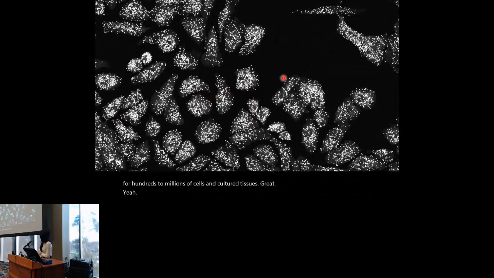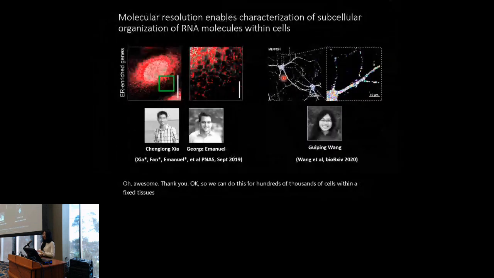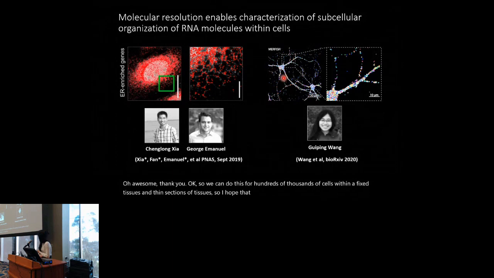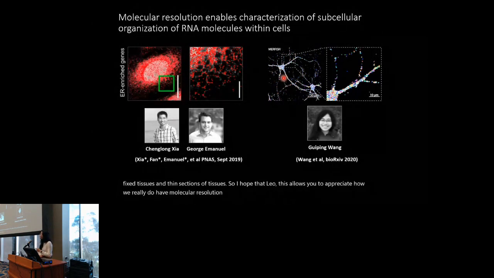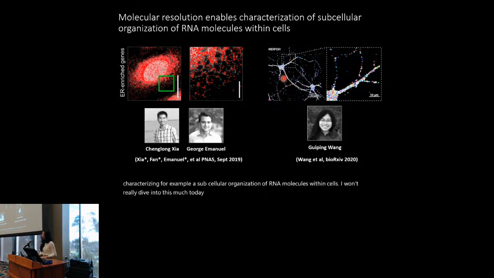Great, so we can do this for hundreds to thousands of cells within fixed tissues and thin sections of tissues. So I hope that this allows you to appreciate how we really do have molecular resolution information. So therefore, we can actually begin characterizing, for example, a subcellular organization of RNA molecules within cells. I won't really dive into this much today because this is published work.